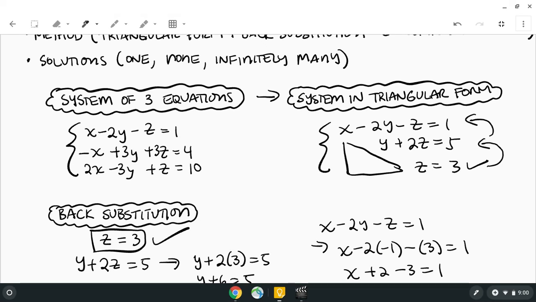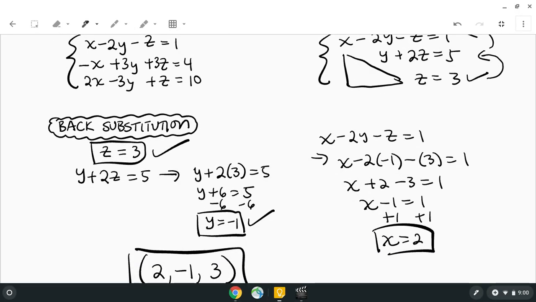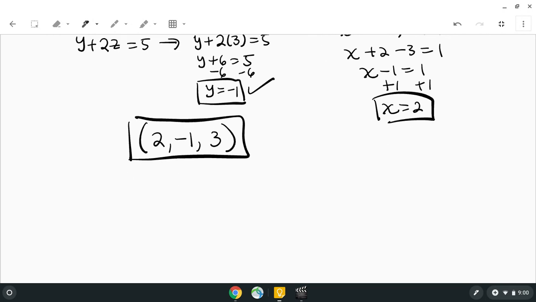The real work is in getting it to triangular form, and once you do that, you do all of this work to solve for x, y, and z. Back substitution will be the last step.